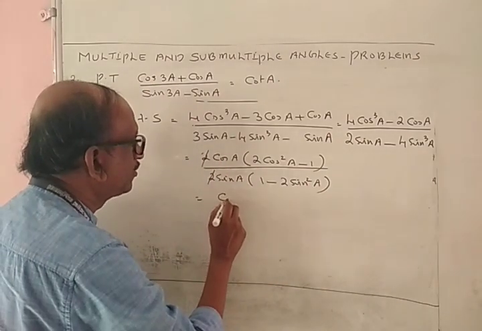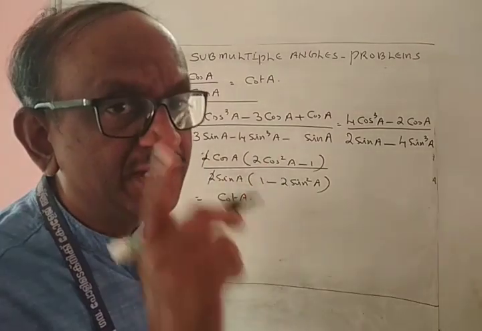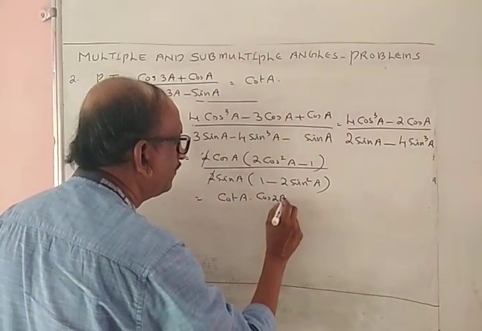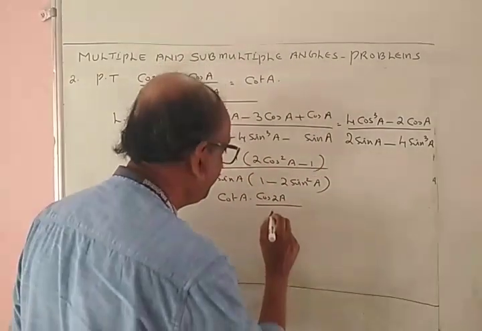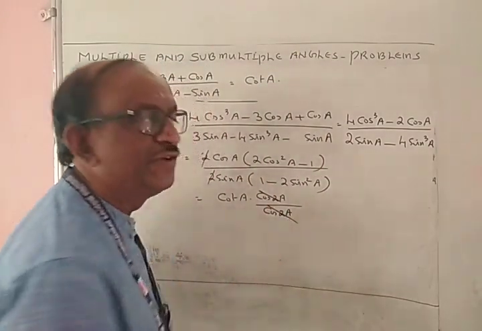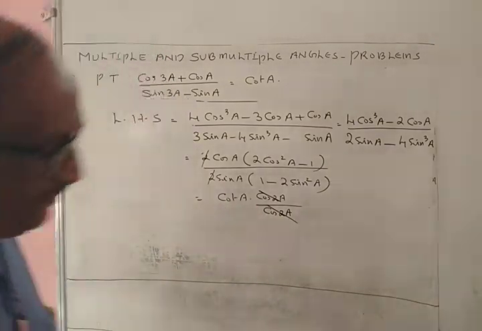Cos a by sin a is cot a. 2 cos squared a minus 1 is cos 2a. Divided by 1 minus 2 sin squared a, which is again cos 2a. Cos 2a got cancelled. We get the answer cot a, which is the right hand side.